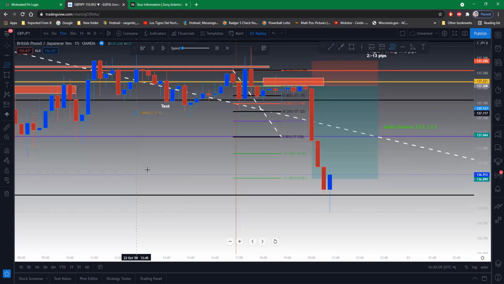Click on it and drag it down. If you're looking for a buy, you click on it at the lowest point and you put it where the current high is right now. Same thing for the low. You click on where it broke out for a buy, right?